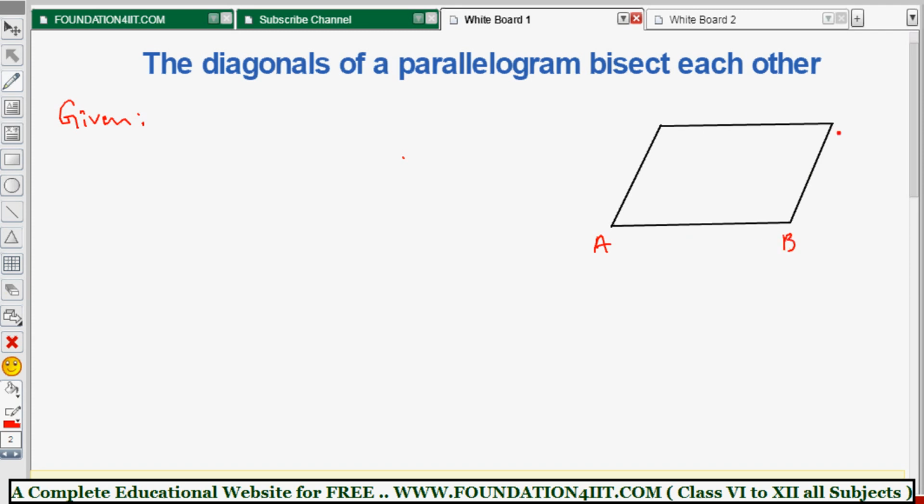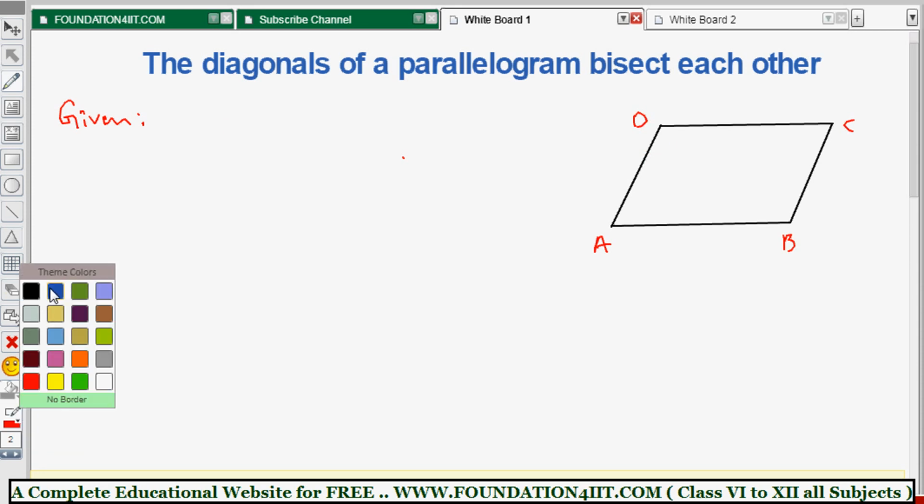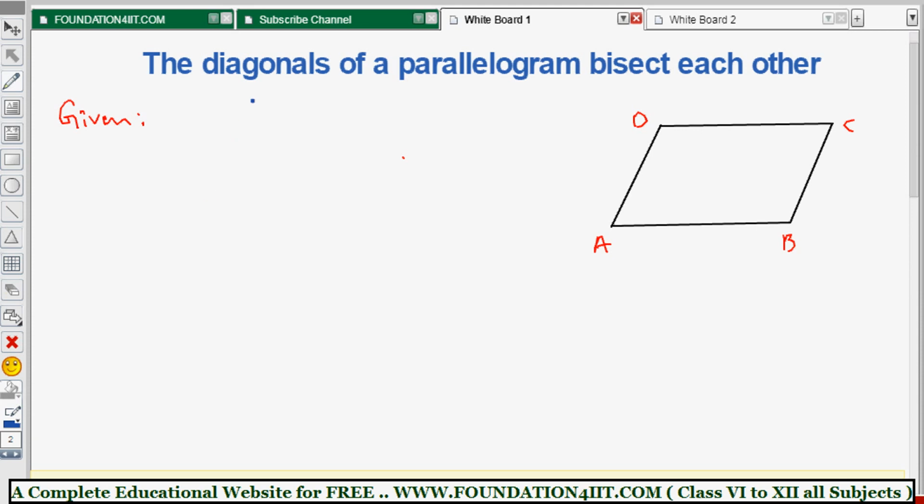A is one vertex, and B, C and D, so it gives two diagonals. So AB is parallel to CD and AD is parallel to BC. We have to prove that the diagonals of a parallelogram bisect each other.